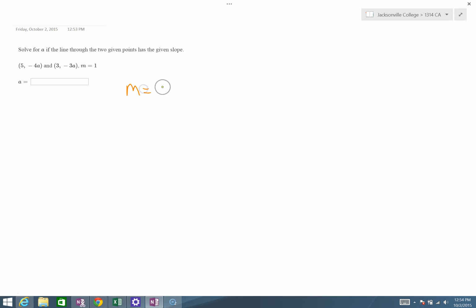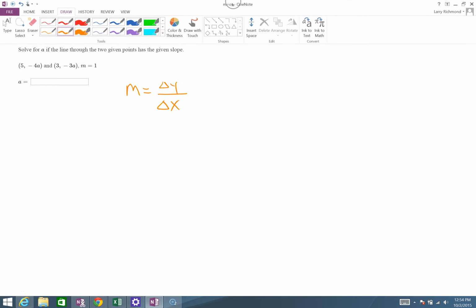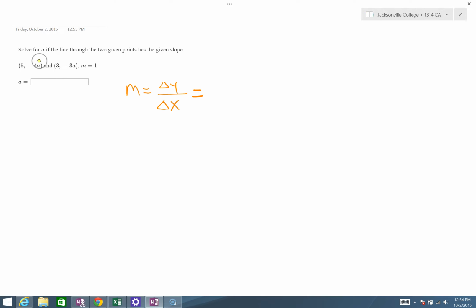Slope equals change in y divided by change in x. I'm going to subtract negative 4a minus negative 3a. Since I subtracted negative 4a minus negative 3a for the change in x, I'll have to subtract 5 minus 3.